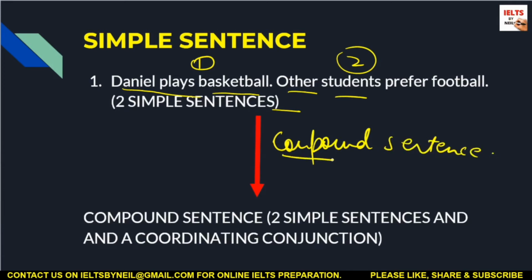It is very easy to make a compound sentence. Whenever you are given two simple sentences, you just need to add a coordinating conjunction. Remember this: in a compound sentence, coordinating conjunction, and in a complex sentence, subordinating conjunction.